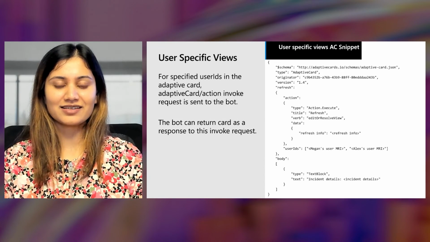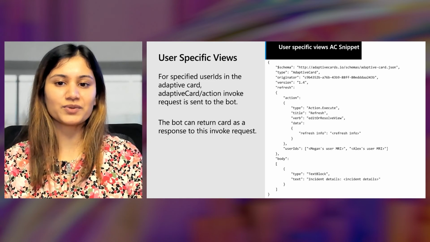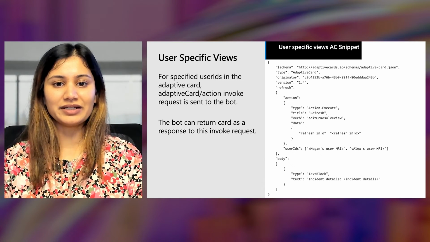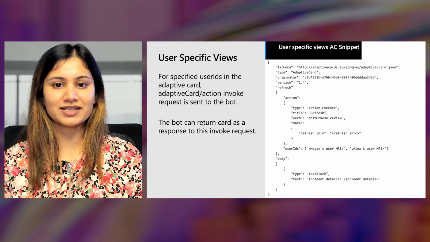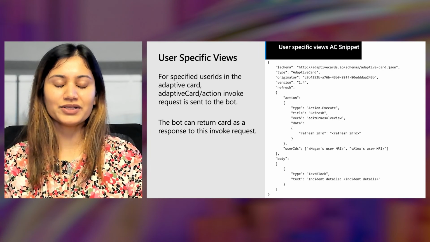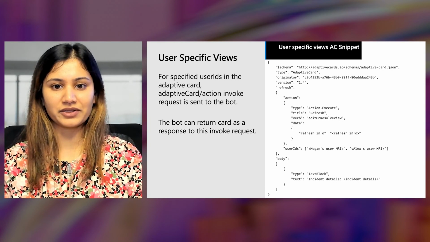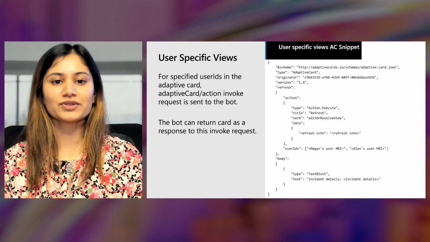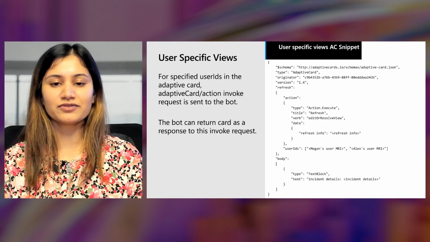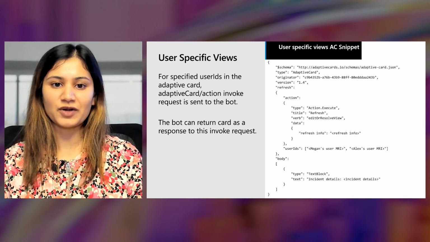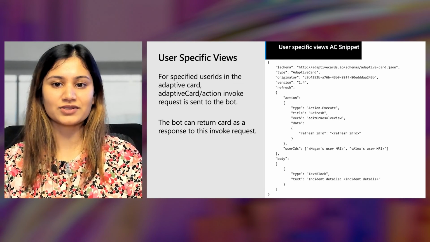And the last is the user-specific view of the universal adaptive card. Earlier, if adaptive cards were sent in a Teams conversation, all users would see the same exact card content. With the introduction of the Universal Actions model and the refresh for adaptive cards, bot developers can now provide user-specific views of cards to users.